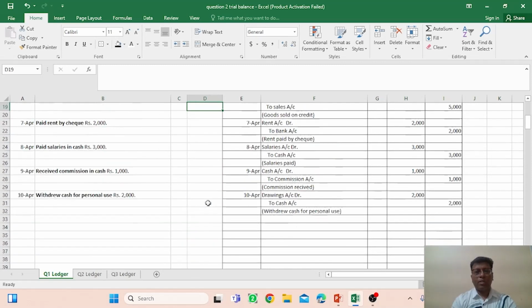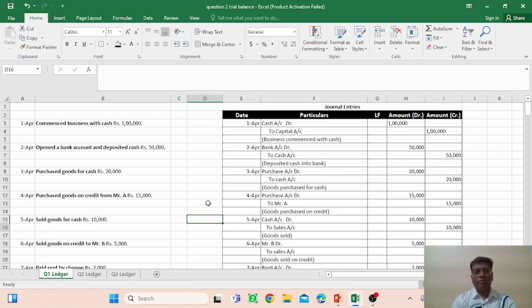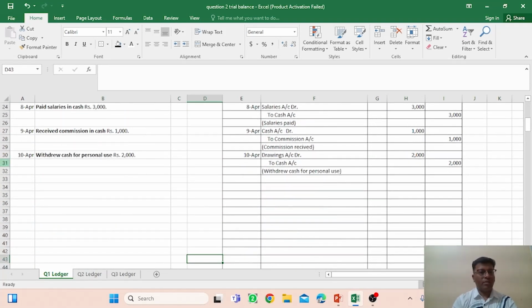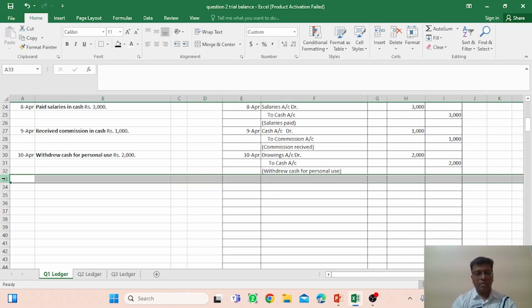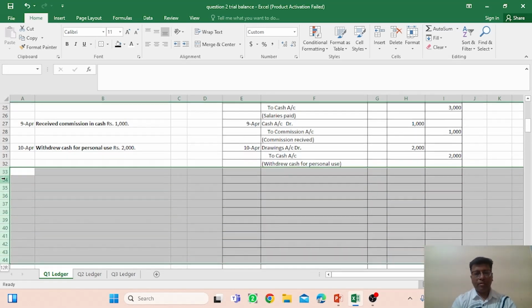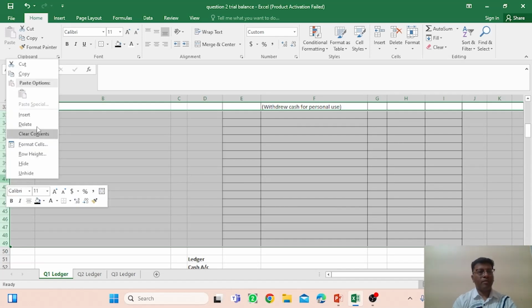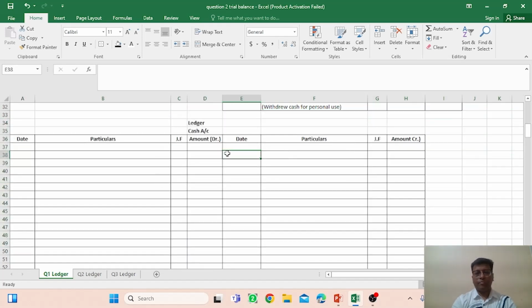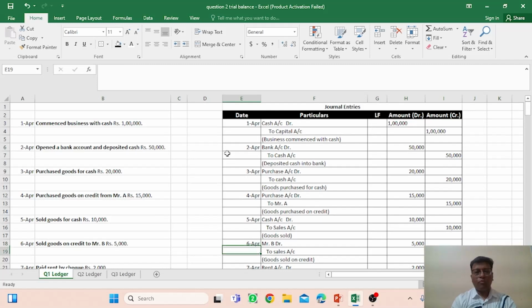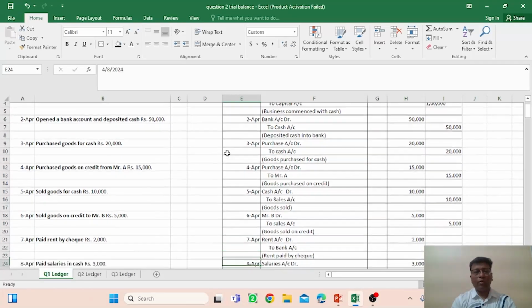And now come to the general entries of the very first. Okay, just we remove these extra lines. Okay, so first entry is cash to capital rupees 1 lakh.